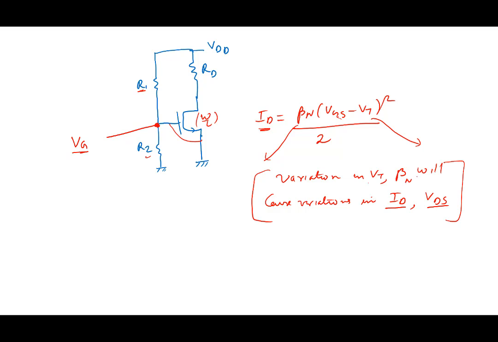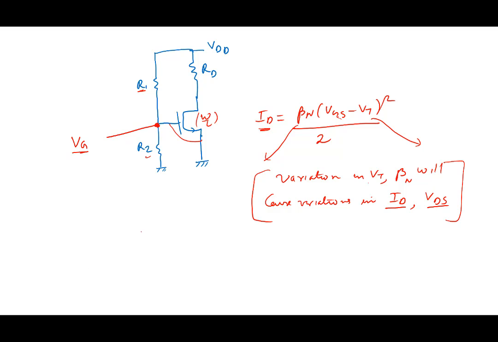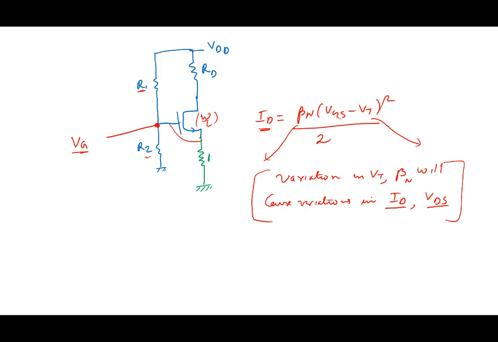All right. So with that in mind, what we do is we modify this circuit and put a resistor RS here.